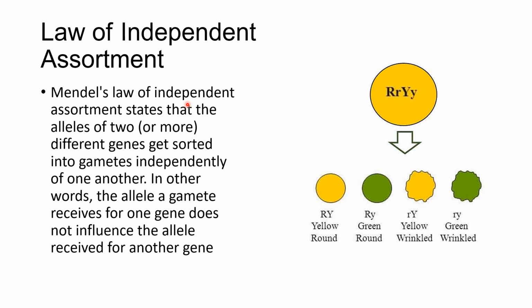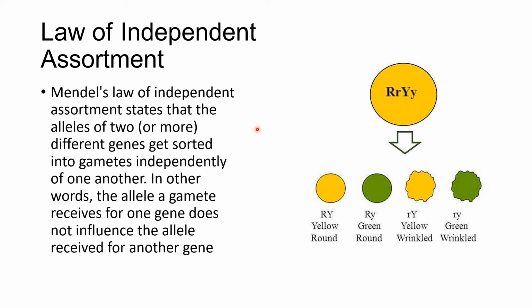So the principle of independent assortment describes how different genes independently separate from one another when reproductive cells develop. So during meiosis, the pair of homologous chromosomes are divided in half to form the haploid cell, right? And this separation or assortment of homologous chromosomes is random.